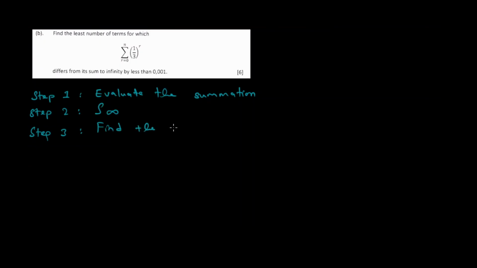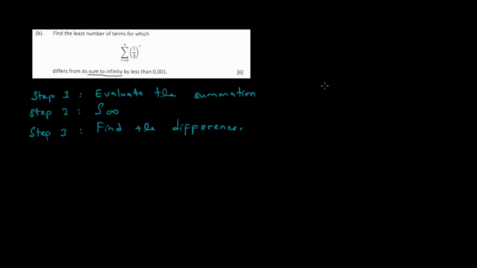That is all. So we first do the evaluation, then from the evaluation we do the sum to infinity, then from the sum to infinity we find that difference. Then we make our conclusion. But what is important is that there is a key to each question. The key here is the sum to infinity.